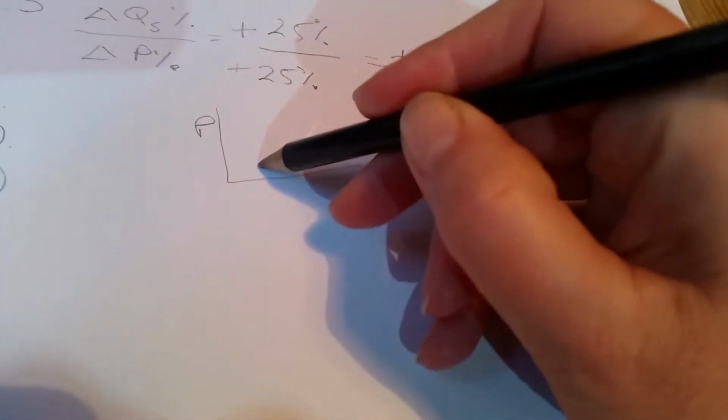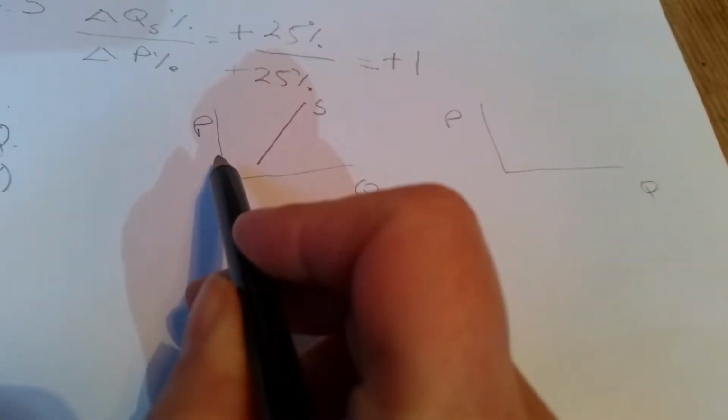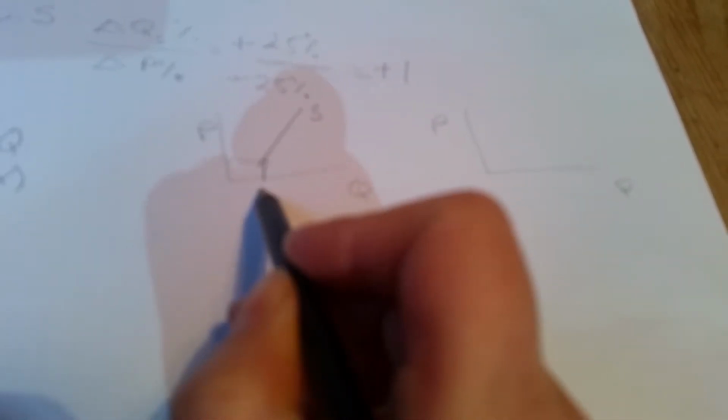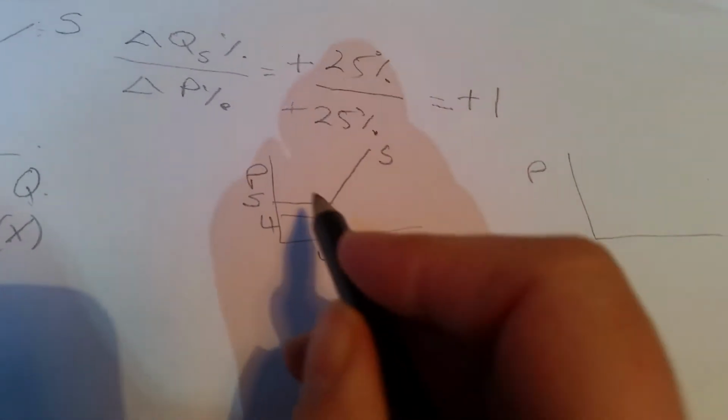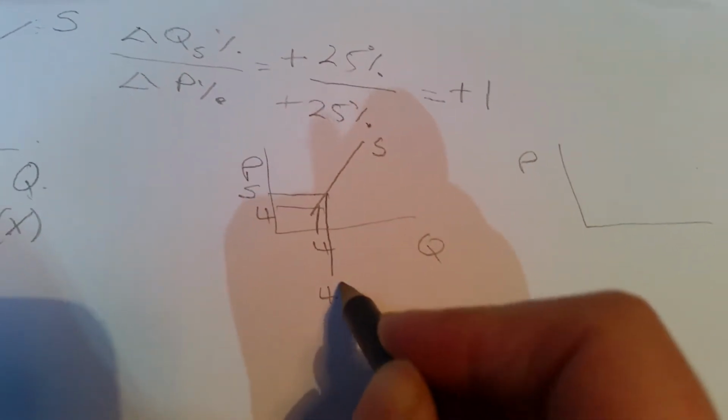So here we're going to imagine that we have a more steep, less responsive, if you like, supply curve. So here we have 4 and 4 as the same starting points as before. Our price is going to increase to 5 again. This time we get less responsiveness in terms of output.